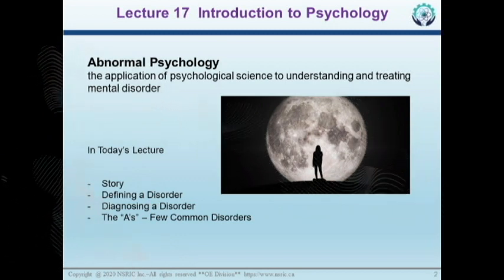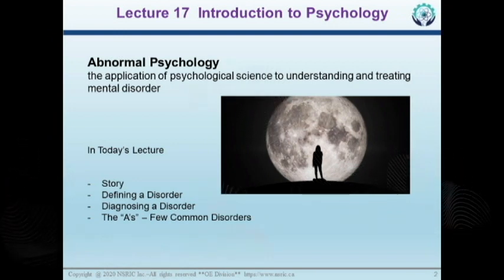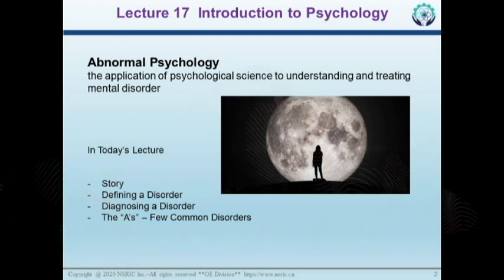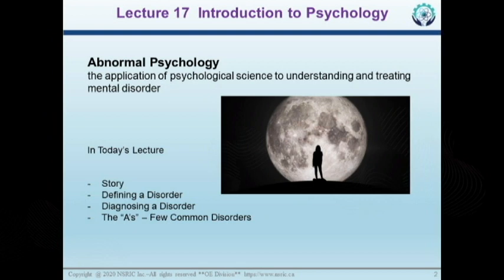So, the story for today's lecture is about the history of mental disorders and the understanding of mental disorders from the 1700s to the 1900s. This period saw significant changes in the perception and treatment of mental disorders.